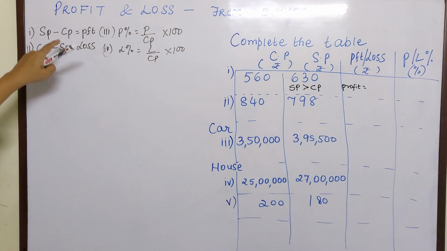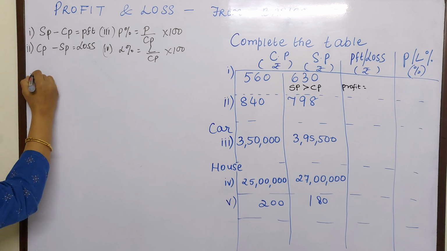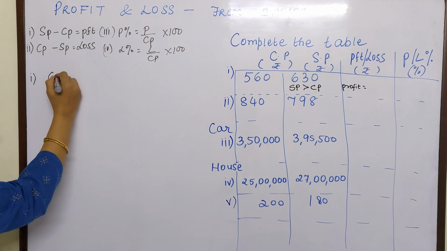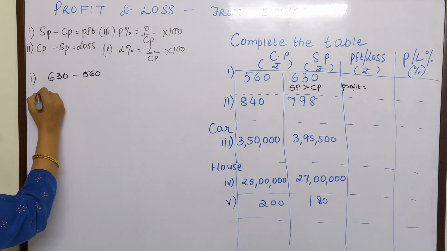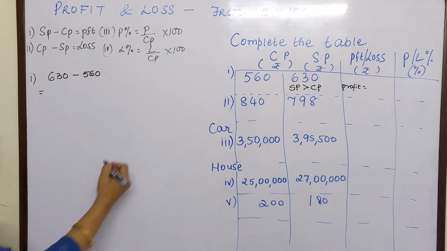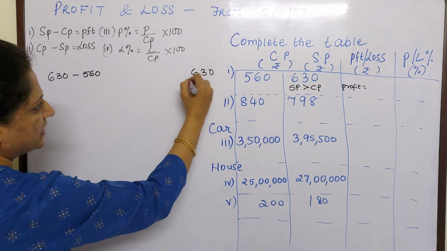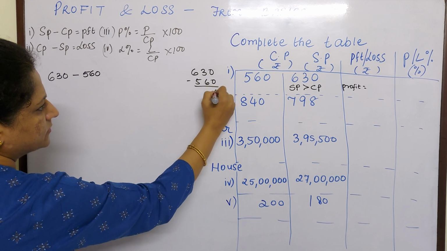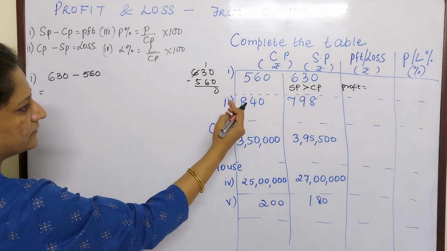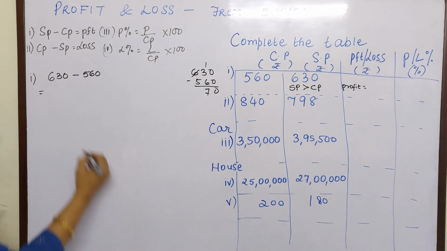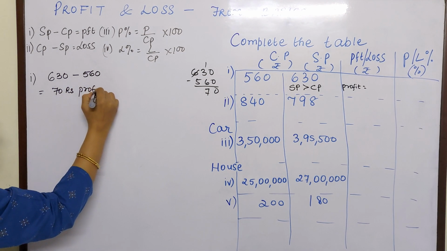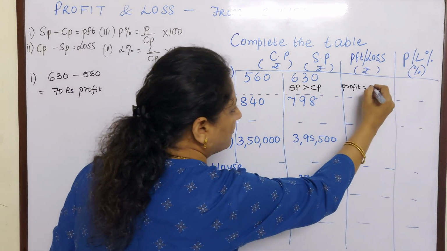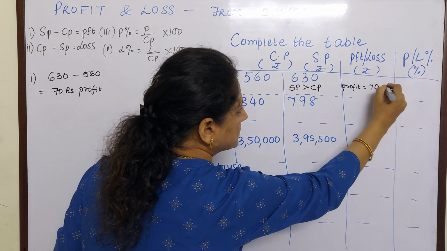So we will use the formula selling price minus cost price is equal to profit. So selling price 630 minus 560 is equal to 70, right? So our profit is 70 rupees. So here you can fill profit 70 rupees.